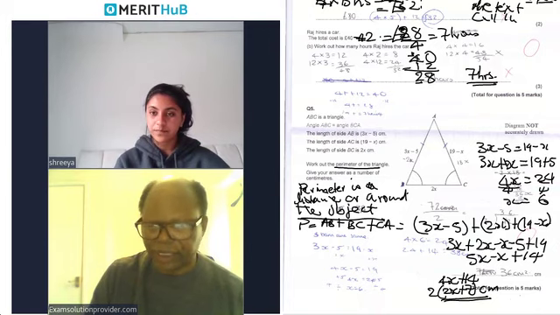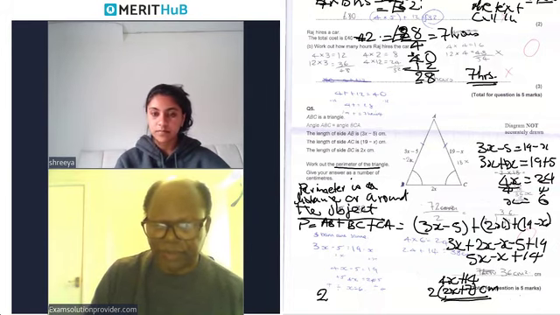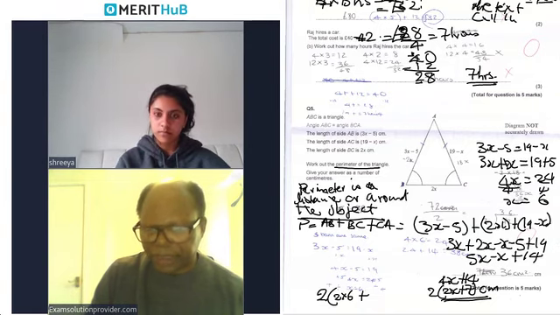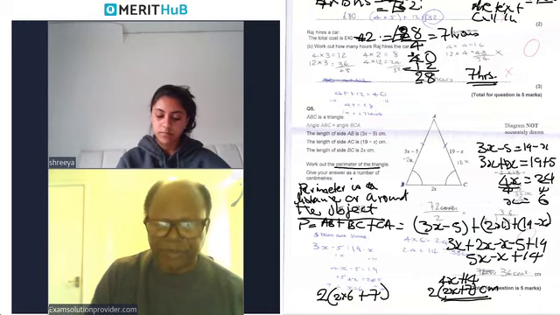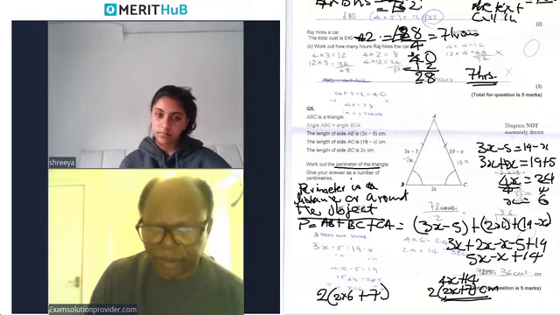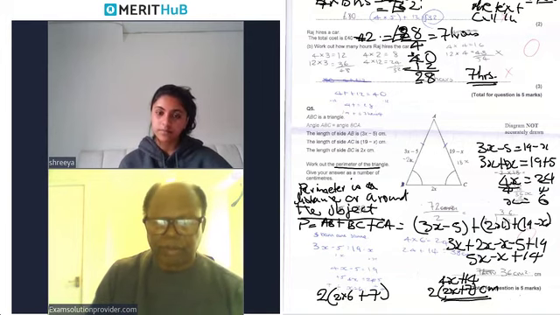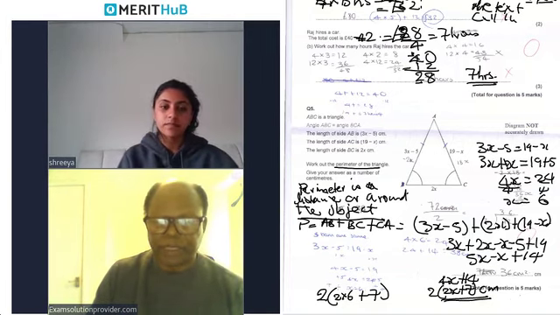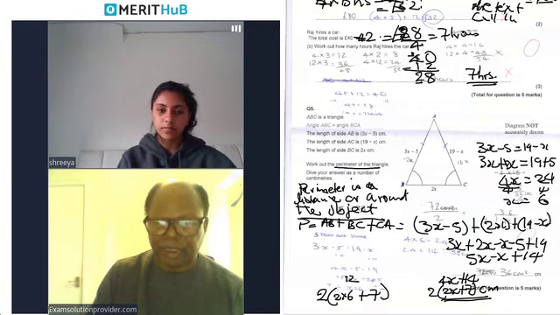So you can substitute here. Wherever there's x it is 6. So it's 2 times (2 times 6 plus 7). 2 times 6 is 12. 12 plus 7 is 19.